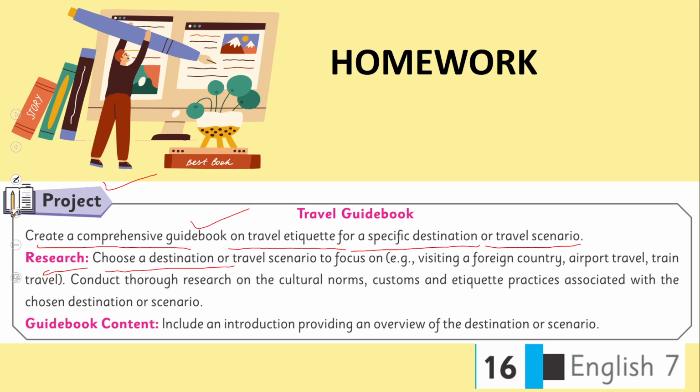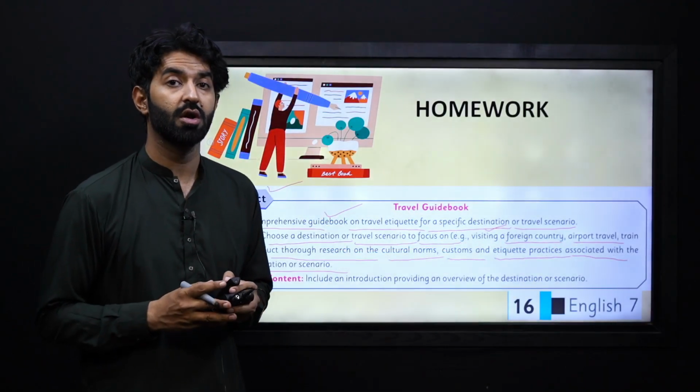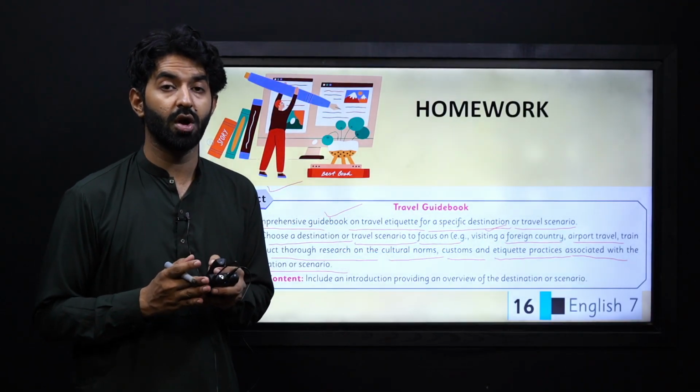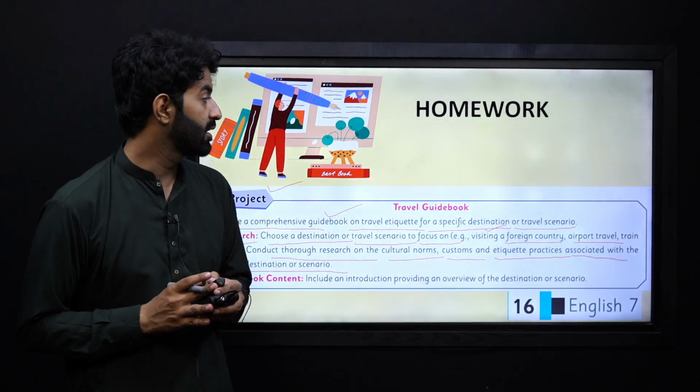Choose a destination or travel scenario to focus on, such as visiting a foreign country, airport travel, or train travel. Conduct thorough research on the cultural norms, customs, and etiquette practices associated with the chosen destination or scenario. These are general instructions for performing the project that you are given.